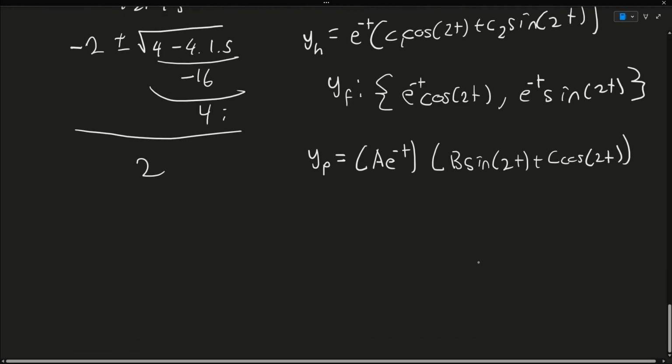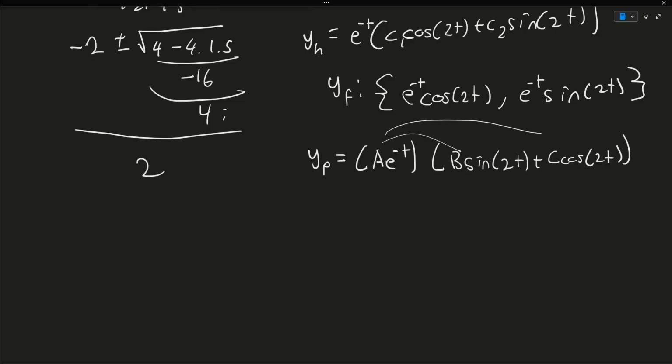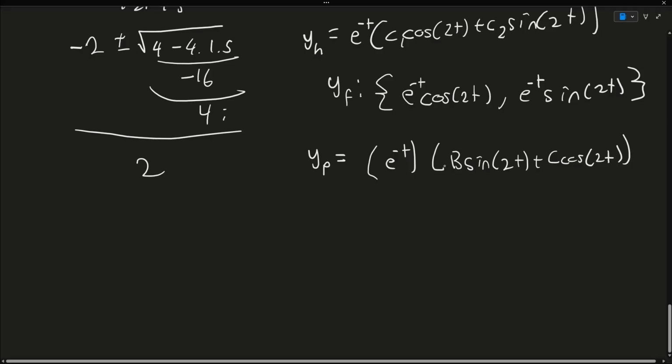Now we're going to multiply these to get the y particular, but before we do that, we have an a and a b here. If you multiply an a and a b, you're still going to get a constant. So you can forget about this constant here, because multiplying a constant with a constant still gives a constant. B and c are fine.